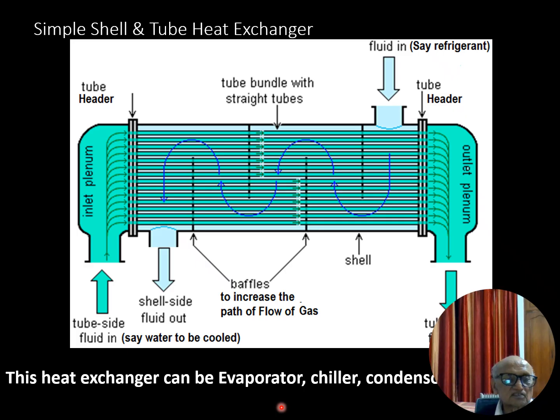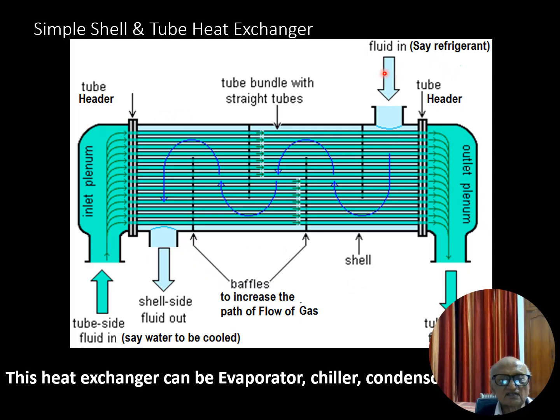A heat exchanger of simple shell and tube type is shown here, in which one fluid enters and takes a long route provided in the cylindrical system, in which there are two headers, and all internal tubes get connected to these headers.